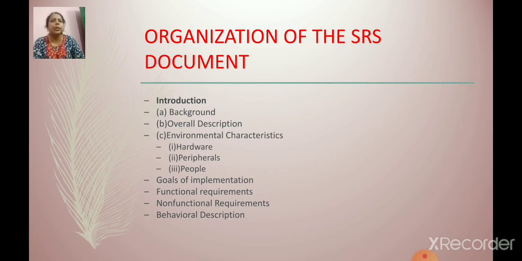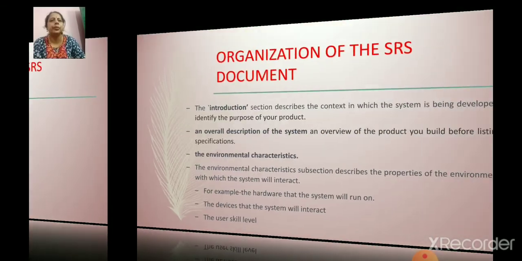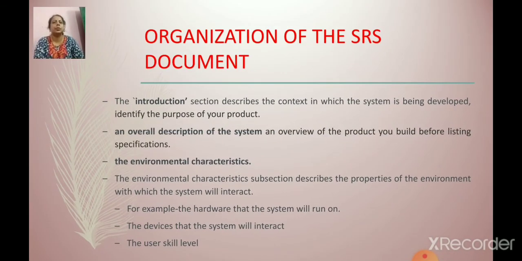These are the contents of an SRS document. So let's briefly discuss this content. First is the introduction section. The introduction section describes the context in which the system is being developed and identifies the purpose of the product. In the introduction section of the SRS document, the analyst writes the contents of the system or the purpose of the product, that is, the purpose of developing the product.